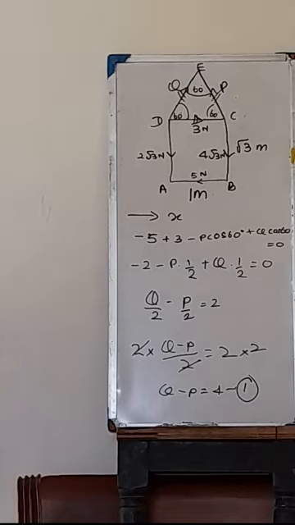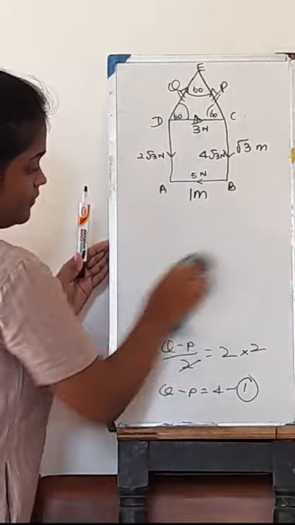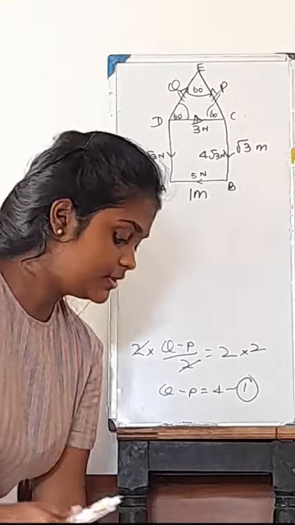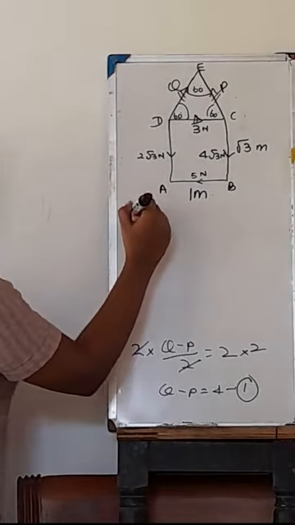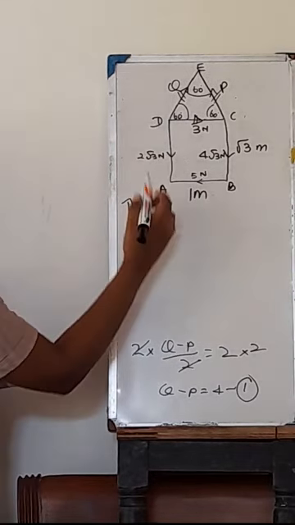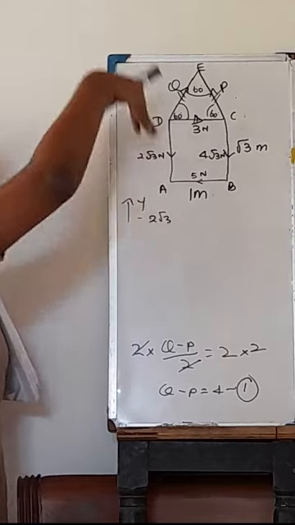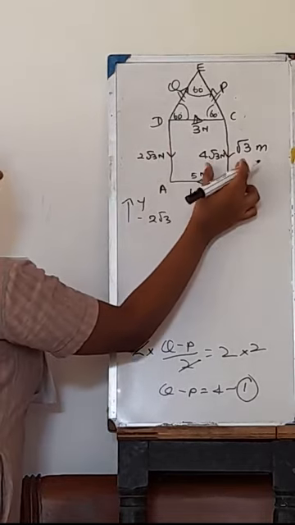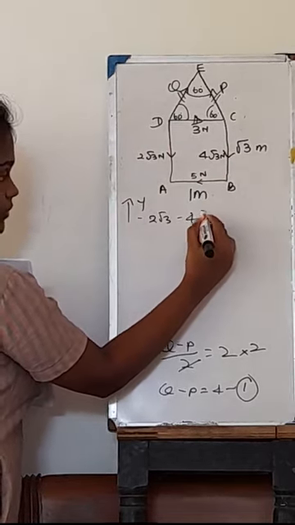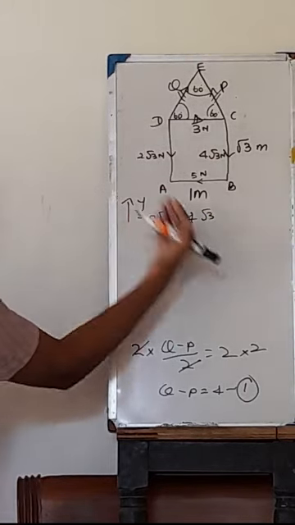Next, we find the vertical components. By using that, we can get 2 root 3. But it should be minus because it acted on to the opposite direction. We can take this 4 root 3. It's also acting along the opposite direction, so it should be minus.